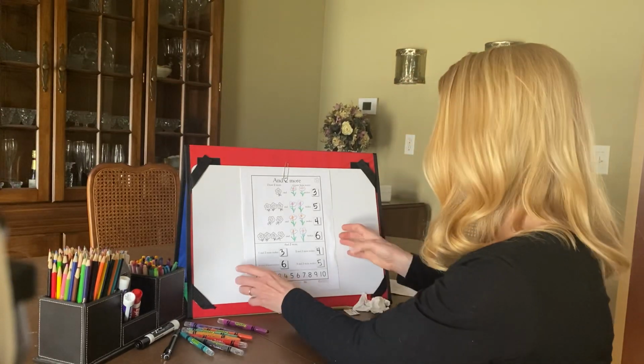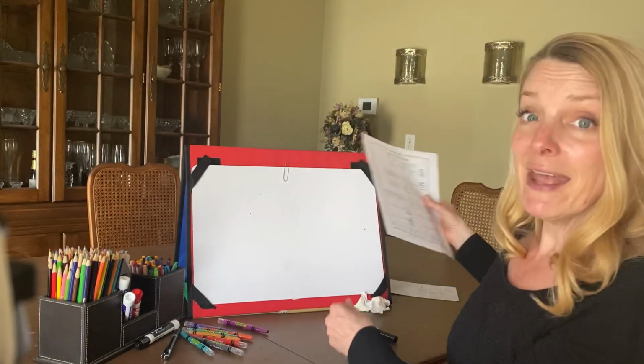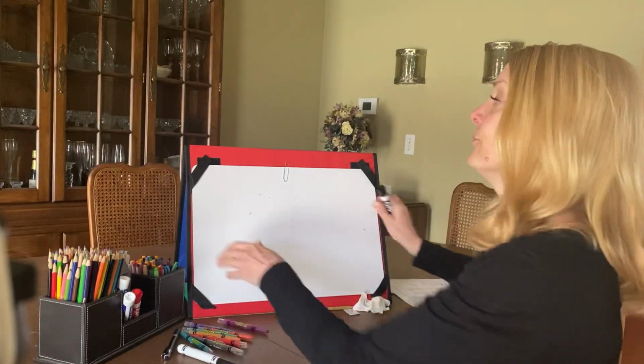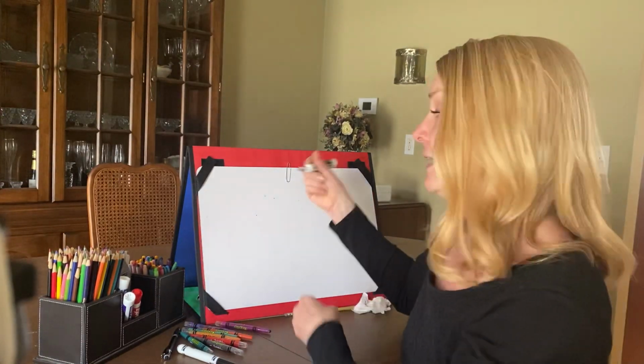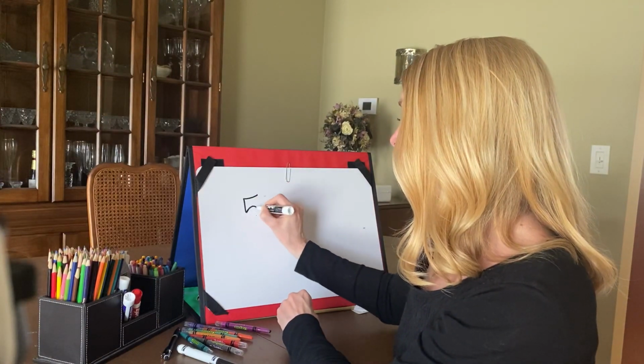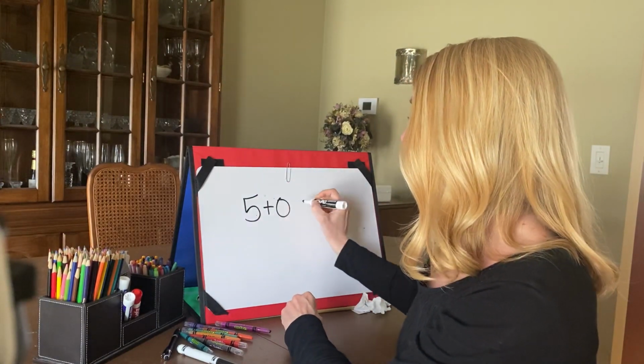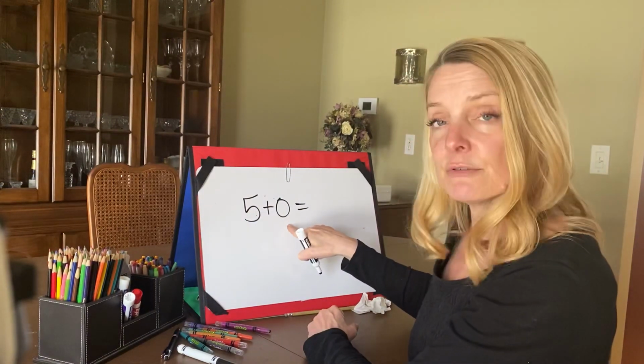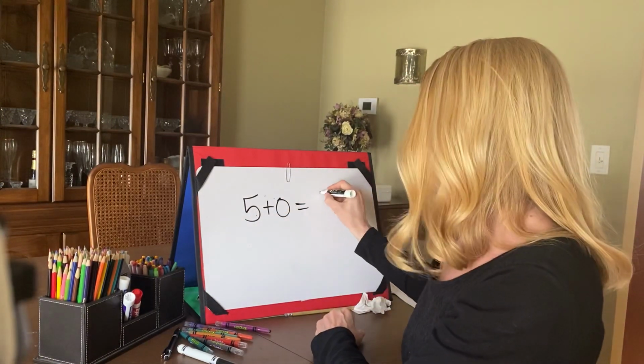Great job. I want to show you a little pattern that might help you when you're thinking about adding on 2. So let's start with our 0 fact. If I have 5 plus 0, that would equal 5, because anytime you add 0 to a number, the answer is always the other number.